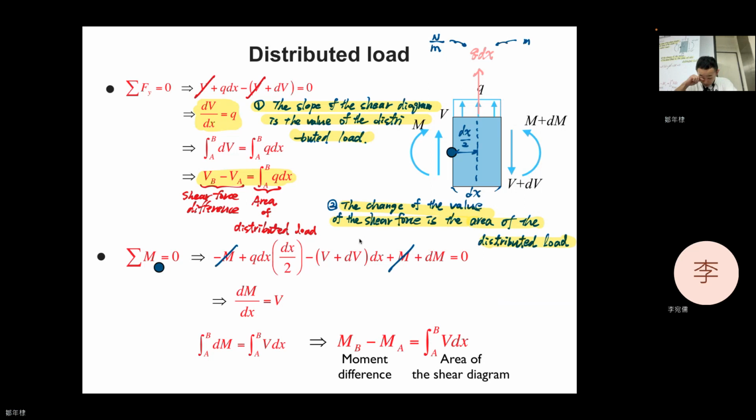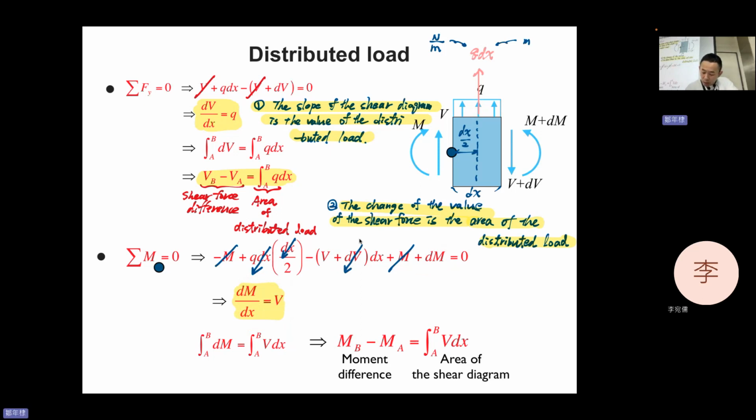And you notice that dx is a really small value, right? dx times dx, small times small, we can neglect them because it is squared, very, very small. And dV times dx, small times small, very small. And then after that, we have dM divided by dx.